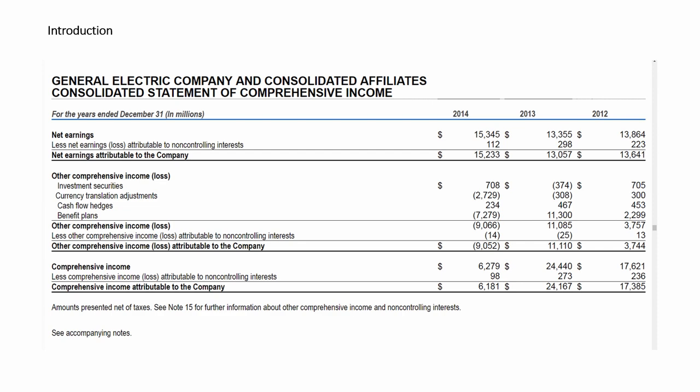So total other comprehensive income or loss of $9.066 billion. Of that $9 billion, 14 million accrues to the non-controlling shareholders, which means there's 9,052,000,000 left to accrue to the controlling shareholders. That's how it's presented on the comprehensive income statement.